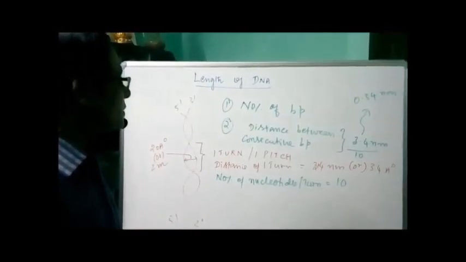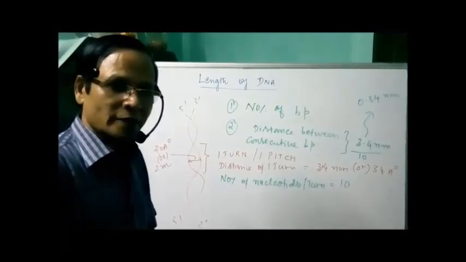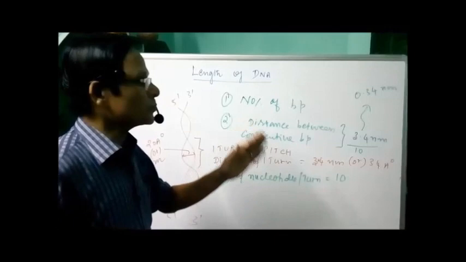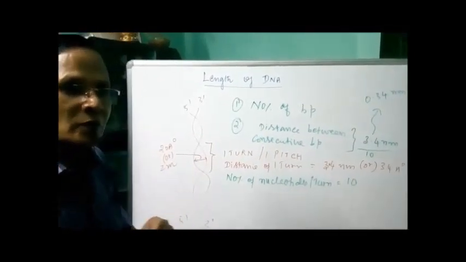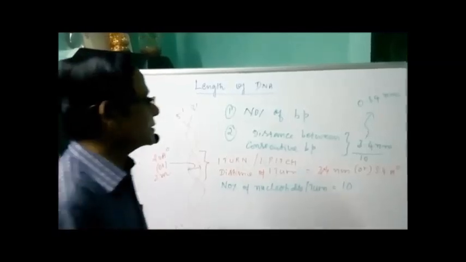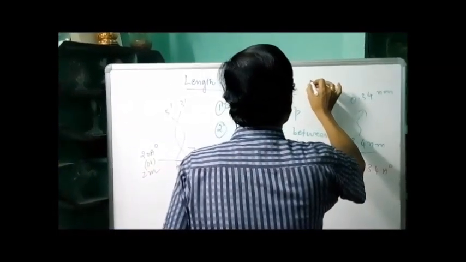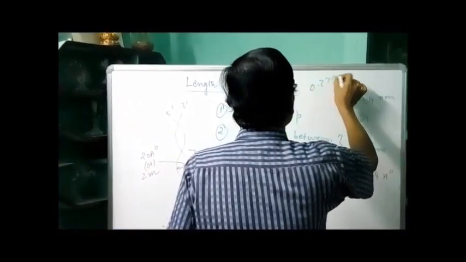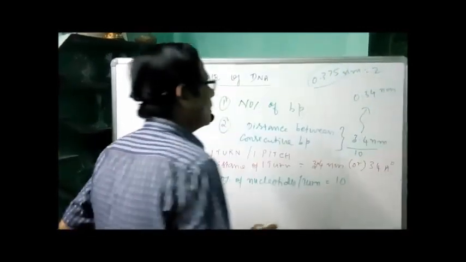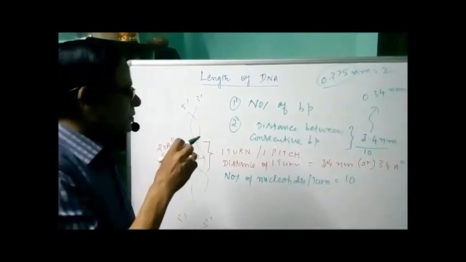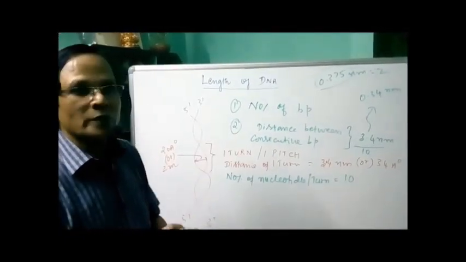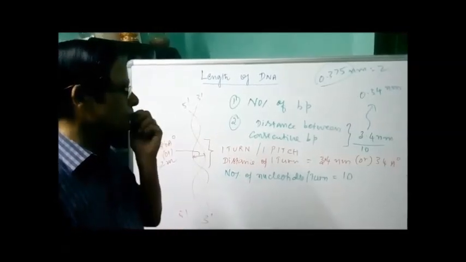I mentioned we need the number of base pairs; that is one criterion. The other, the distance between consecutive base pairs, 0.34 nanometer, is constant for all DNA except Z-DNA. In the case of Z-DNA, its value is about 0.375 nanometer. All other DNAs have a distance between consecutive base pairs of always 0.34 nanometer.